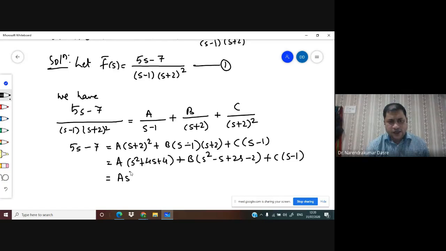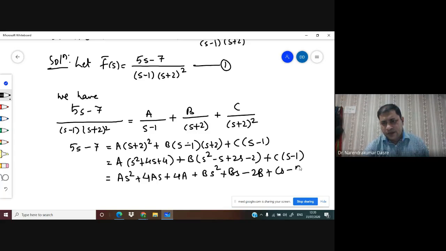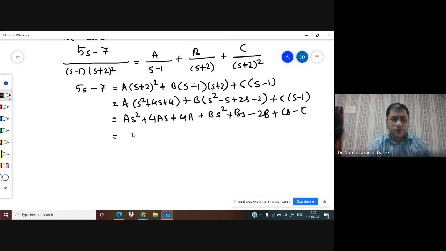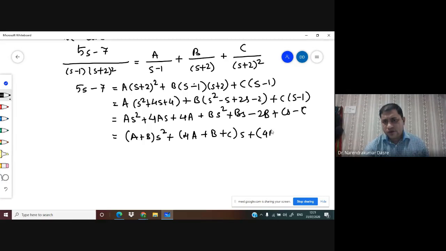So it is As square plus 4As plus 4A plus Bs square plus Bs minus 2B plus Cs minus C. Okay, so collecting the coefficients, we get (A + B)s square plus (4A + B + C)s and constant 4A minus 2B minus C. So it is 5s minus 7.